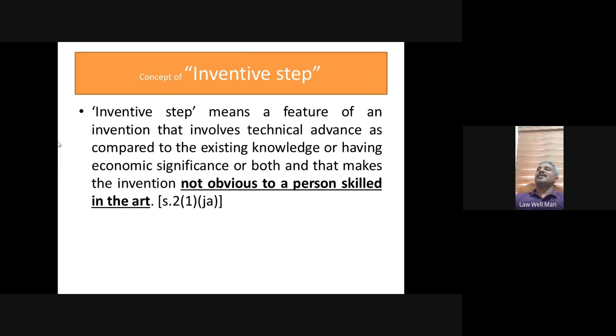It should be available in the sense that, even though it is not actually accessed, it should be available to the public, and the information available to the public should be sufficient so as to enable a person skilled in the art to operationalize the invention or technology. Only if both these requirements are complied with will there be a problem for novelty. Otherwise, there is no problem.